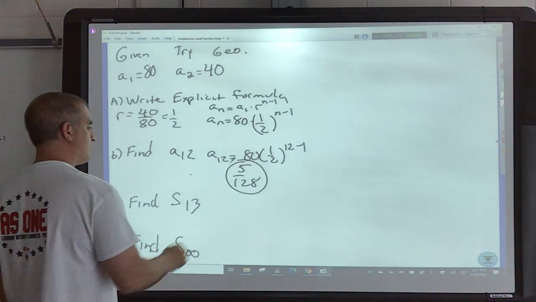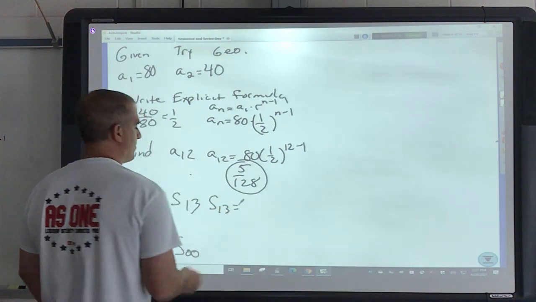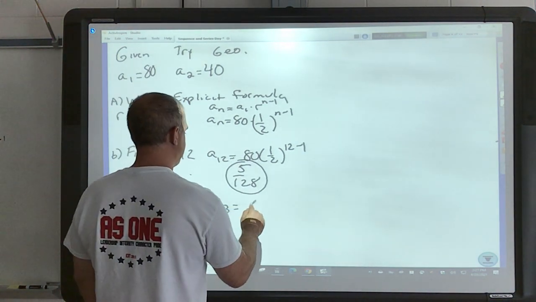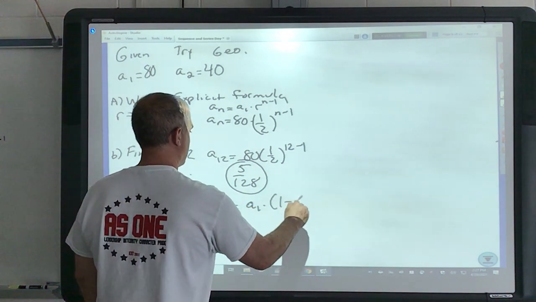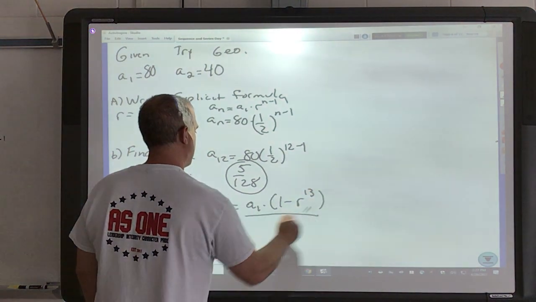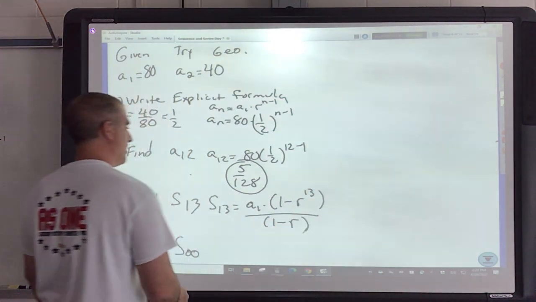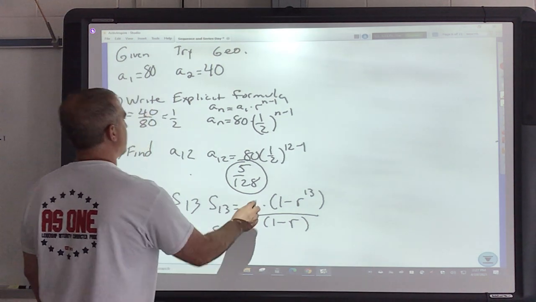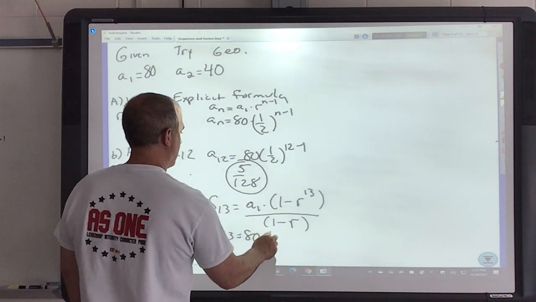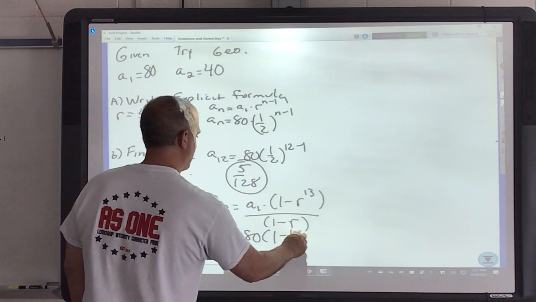Find S13. So the S13 formula will be A1 times (1 minus R to the 13th power) over 1 minus R. If I put my values in there, my first is 80 and my common ratio is 1/2.